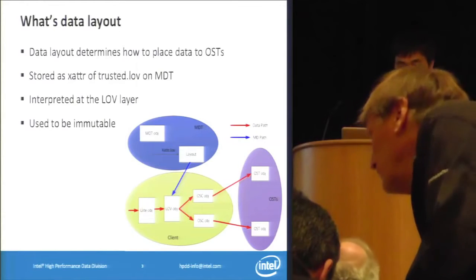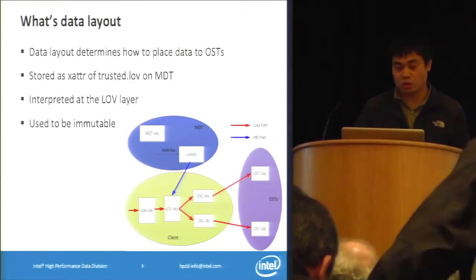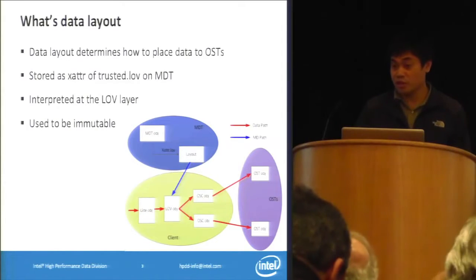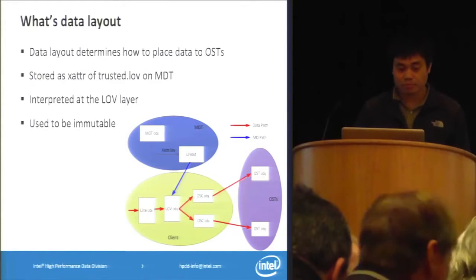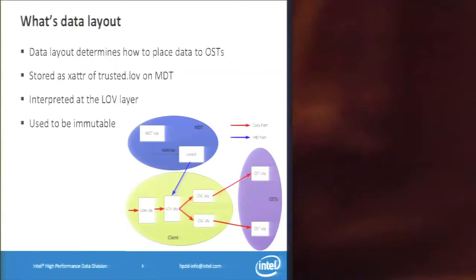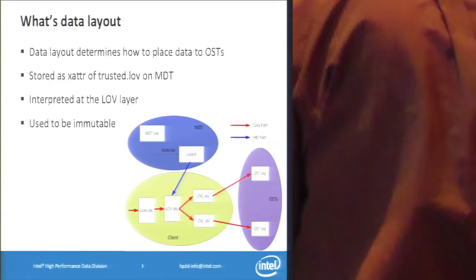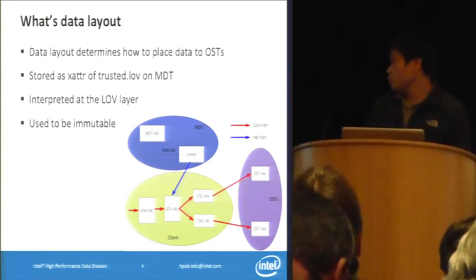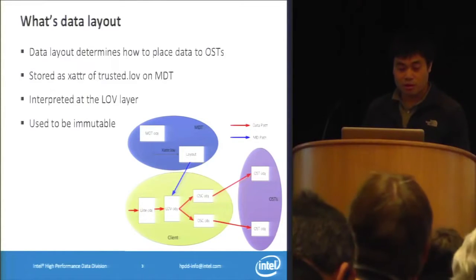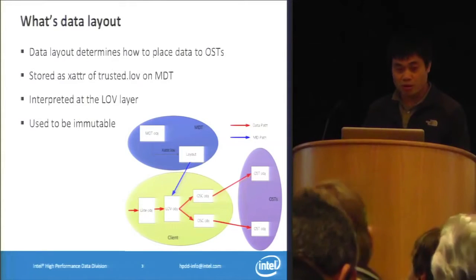Right now, the layout is stored as an extended attribute on the MDT object and interpreted by the LOV layer. So let's take a look at the picture. The blue line is the metadata path, and the red line is the I/O path.